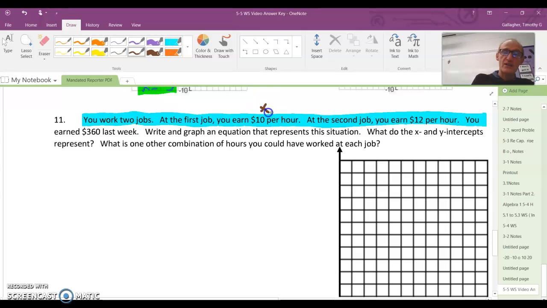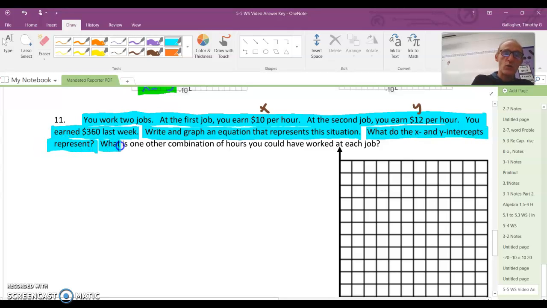Okay, this is your X and this is your Y. Those are your 2 subjects. Okay, you earned $360 last week. Write and graph an equation that represents this situation. What do the X and Y intercepts represent? What is one other combination of hours that you could have worked at each job?